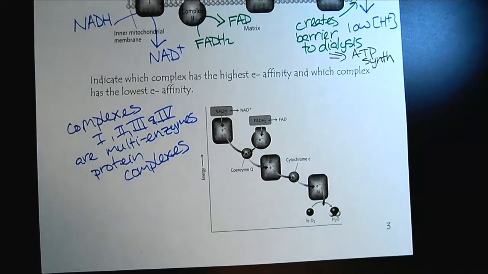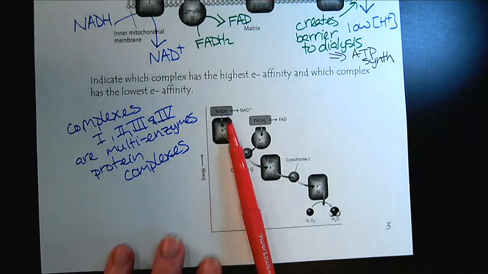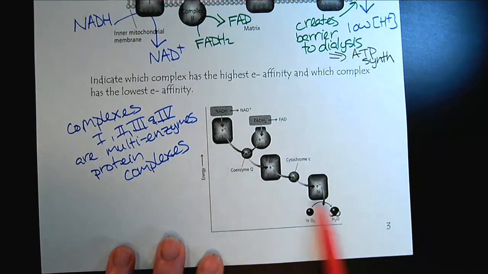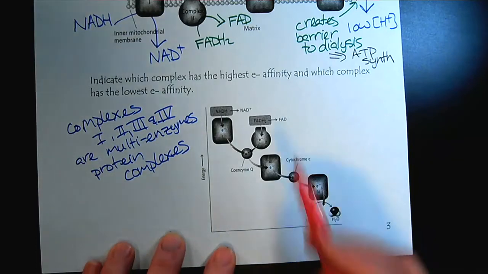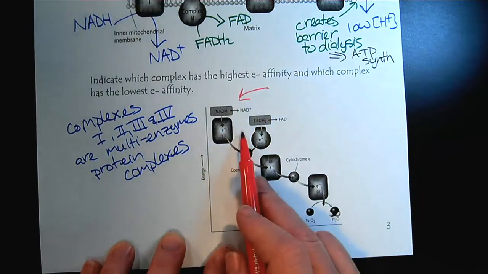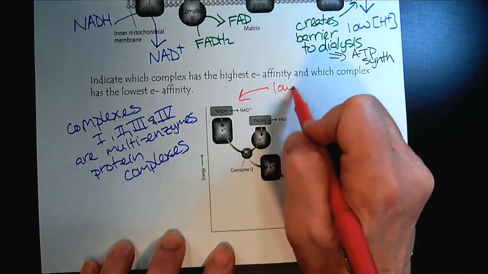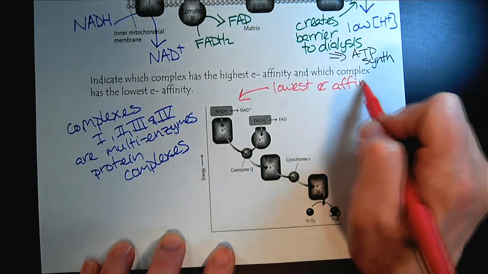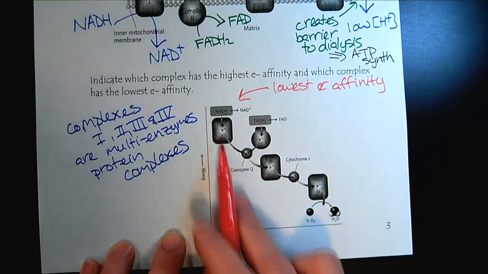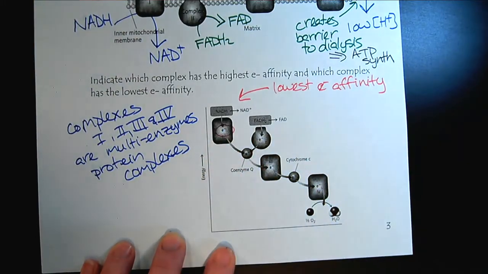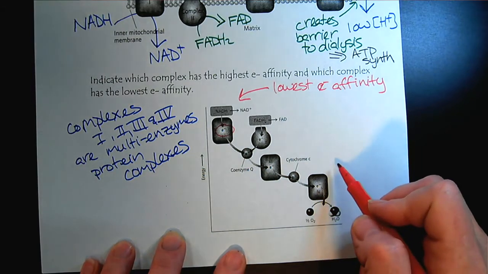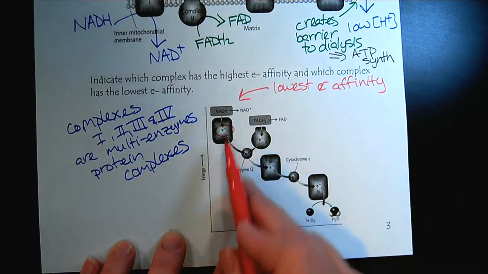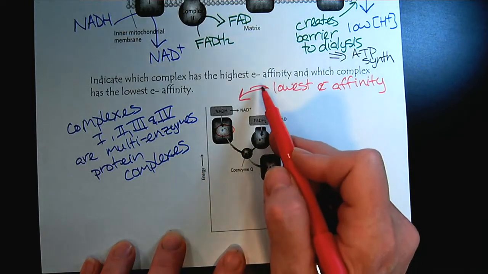And so then we can see, right, that NADH is willing to lose its electrons. So we would say that it has the lowest electron affinity because it's willing to give up its electrons. And so then, this is about the complexes though, right?